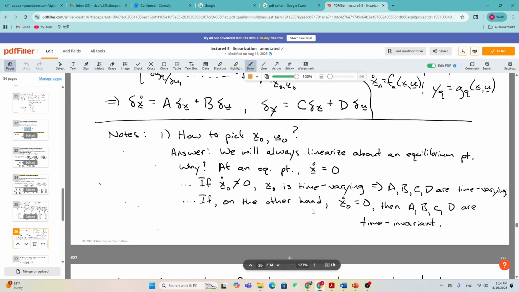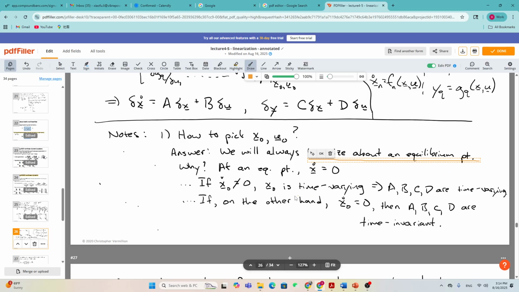Here I want to jump ahead a bit so you understand the right point to pick for linearization of a nonlinear dynamical system. We always have to linearize about an equilibrium point, as I mentioned here. But why linearize about the equilibrium point?